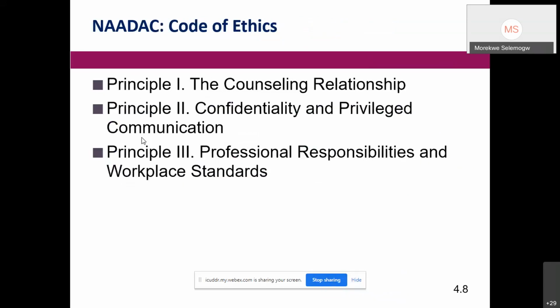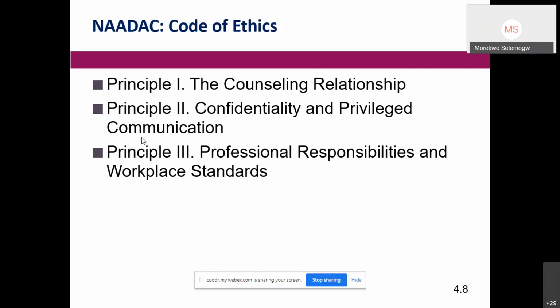We'll move along to just highlight what the principles are. The NAADAC code of ethics is actually just 9 principles, and these 9 principles provide a framework in terms of ethical decision making. Principle 1 is the counseling relationship. You will see as we discuss further what it entails. There are a lot of issues that are addressed in the counseling relationship principle.